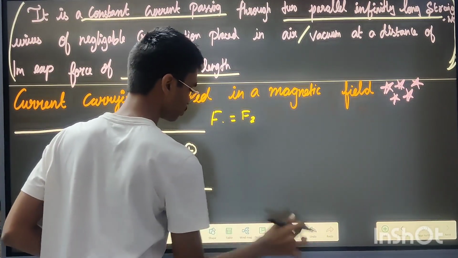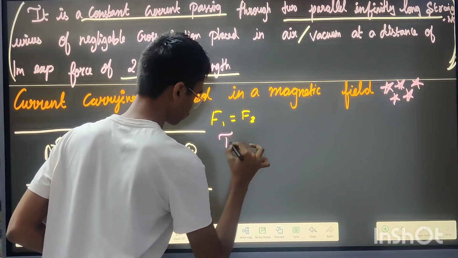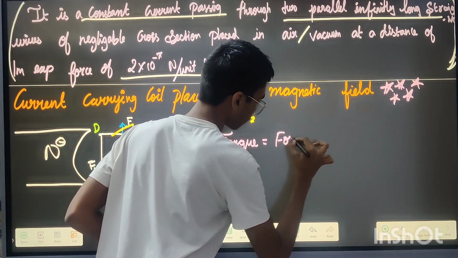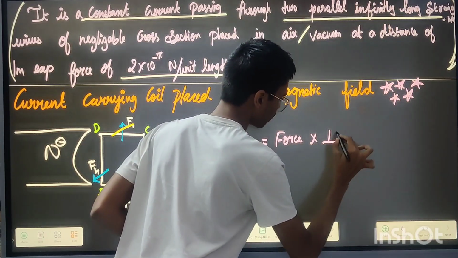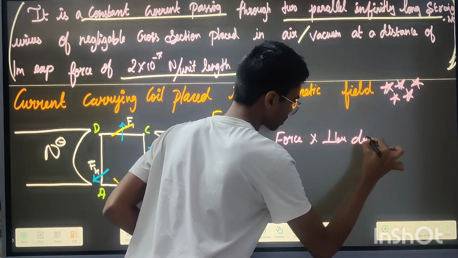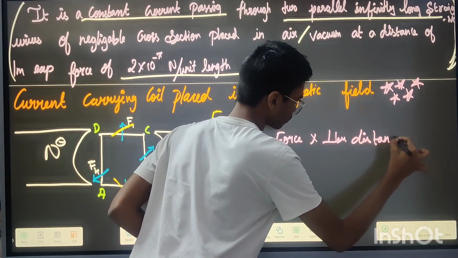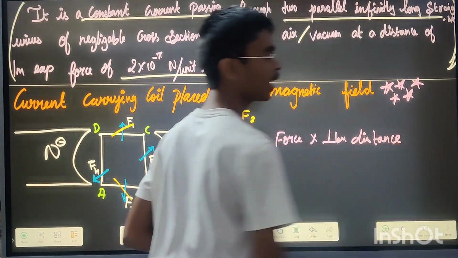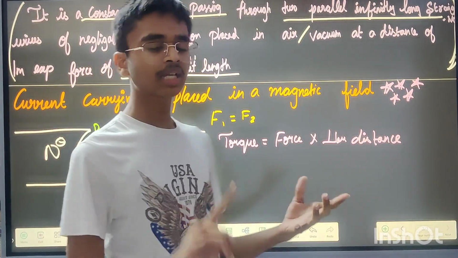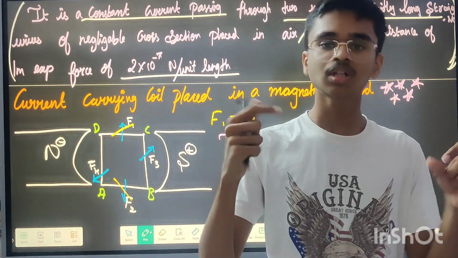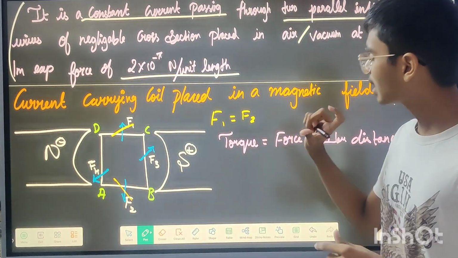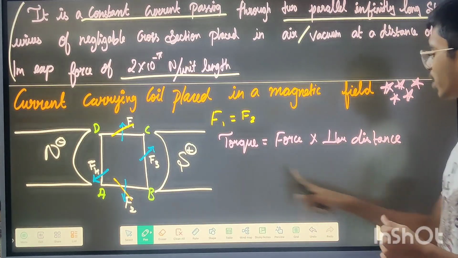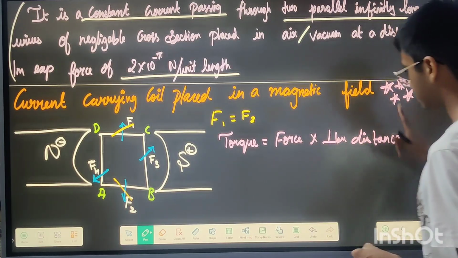Torque is equal to force into perpendicular distance. A small twist is what we call torque. When a force acts on an object and causes that particular object to rotate, we call it torque. So torque is equal to force into perpendicular distance.